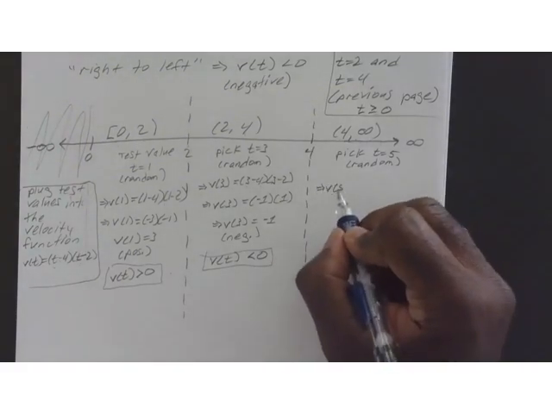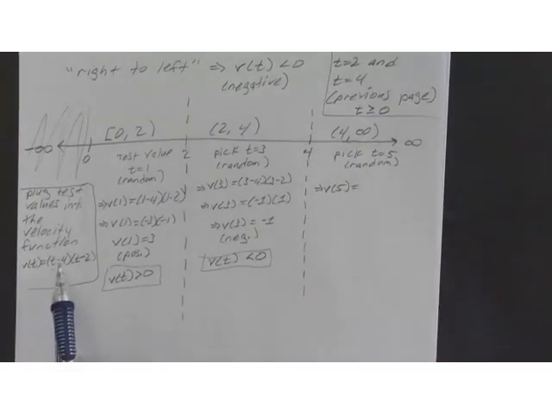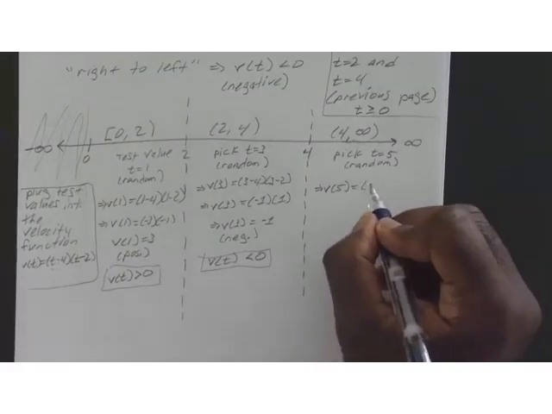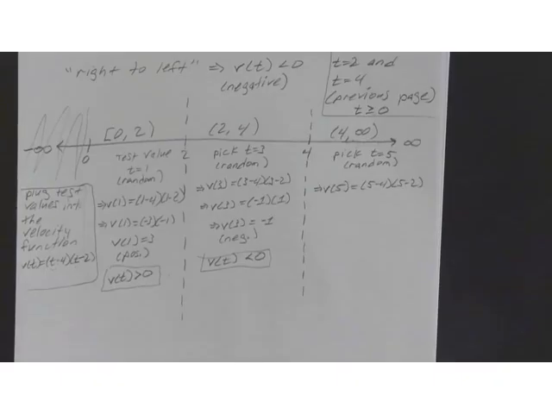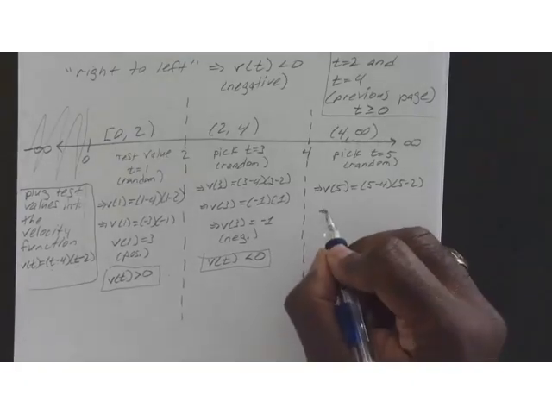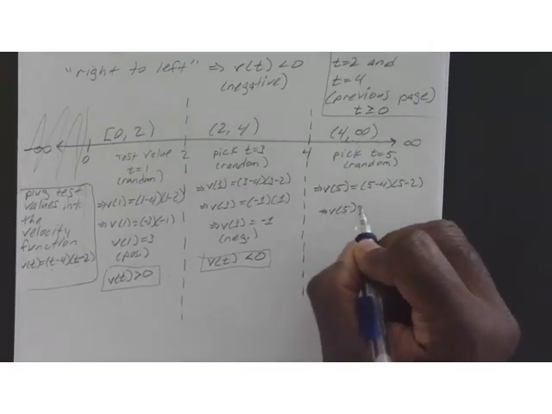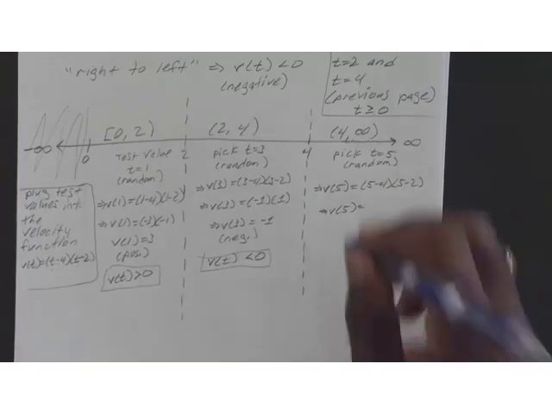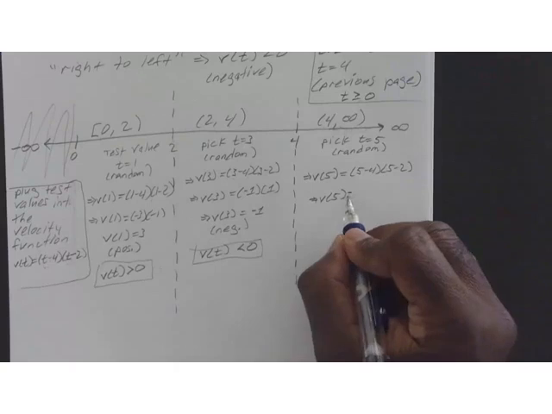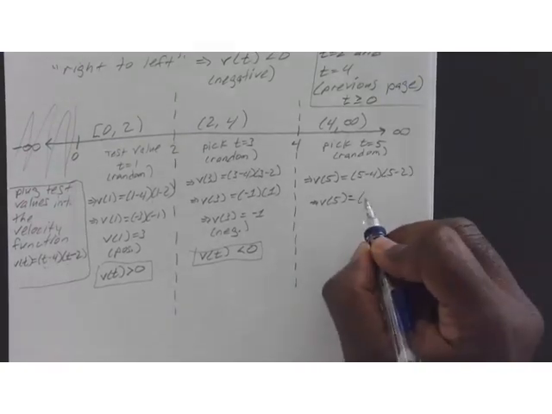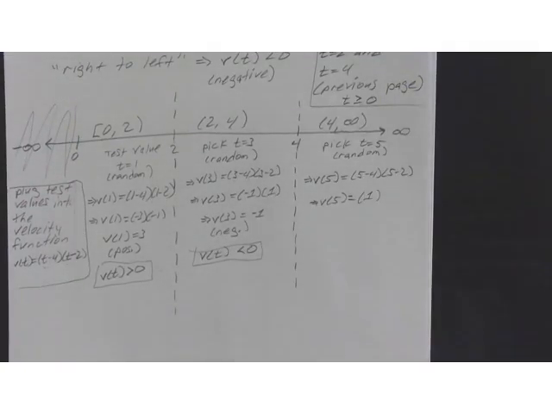So our velocity at 5 seconds will equal 5 minus 4 times 5 minus 2. 5 minus 4 is 1, and 5 minus 2 is 3.